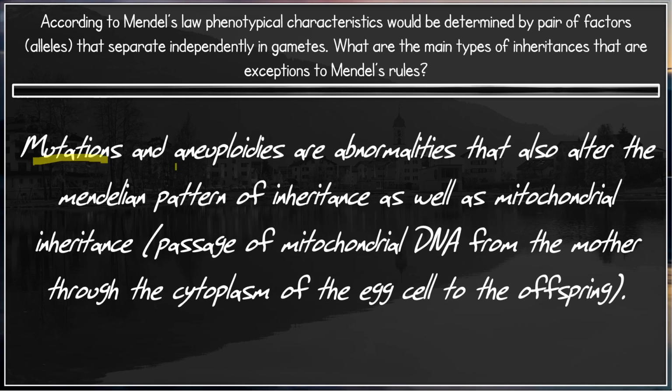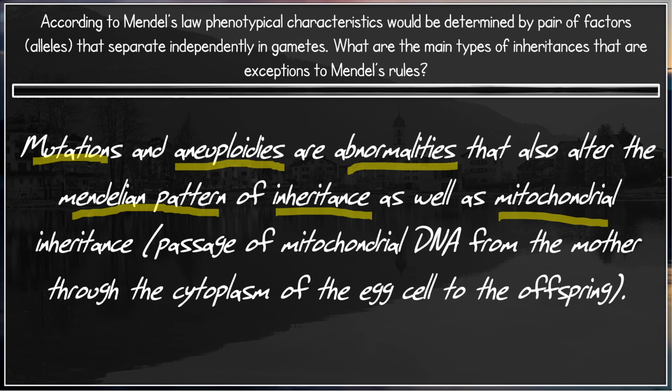Mutation and aneuploidies are abnormalities that also alter Mendel's pattern of inheritance, as well as mitochondrial inheritance, passage of mitochondrial DNA from the mother through the cytoplasm of the egg cell to the offspring.